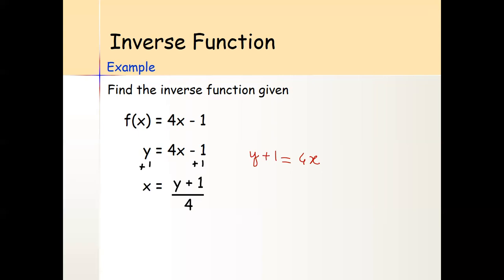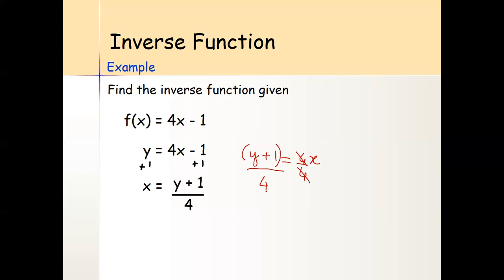To give you a tip so that you don't forget, put brackets there. Because now if I divide by 4 here, you need to divide by 4 here. You'd be surprised how many people just put y over 4 plus 1. So you divide the whole section.